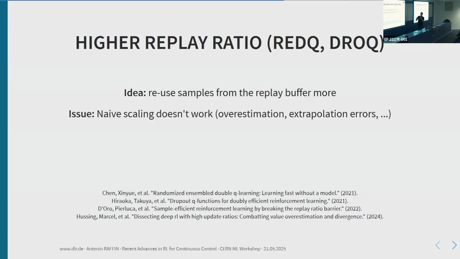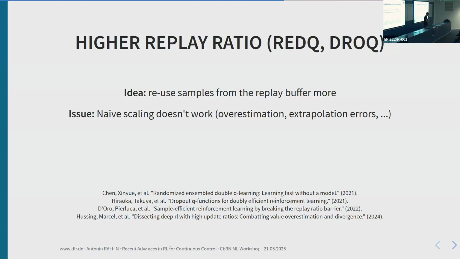You can try to sample from it very often, but you will end up with overfitting problems, overestimation and extrapolation errors. It's actually still an open problem to understand what is happening and how to counteract that. I've listed the different papers if you are interested in looking more into that.